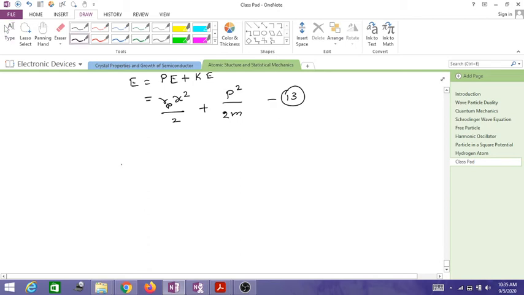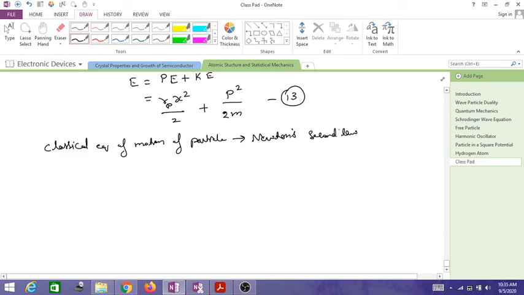Okay, so the classical equation of motion of a particle is obtained from Newton's second law.